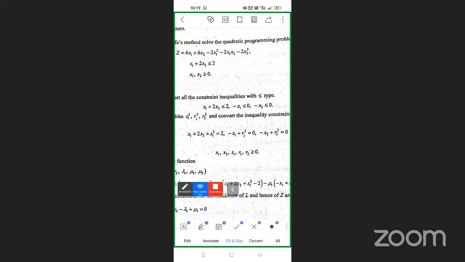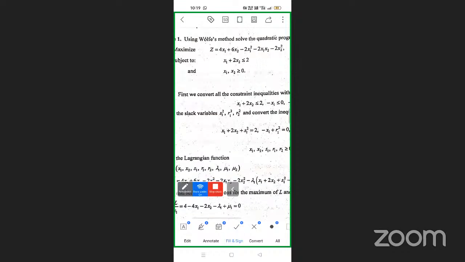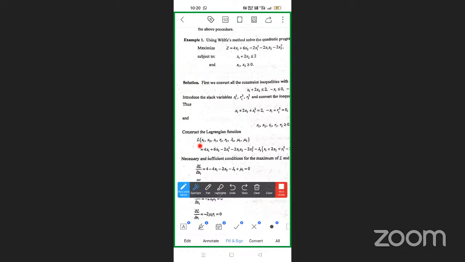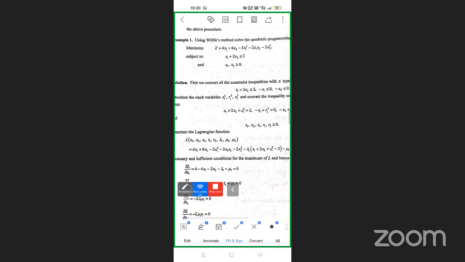After that, we can construct Lagrange's function. So that is L of x1, x2, s1, r1, r2, gamma, lambda, mu. So that is the first equation. First equation is nothing but the given objective function. So this is 4x1 plus 6x2 minus 3x1 squared minus 3x1x2 minus 3x2 squared.